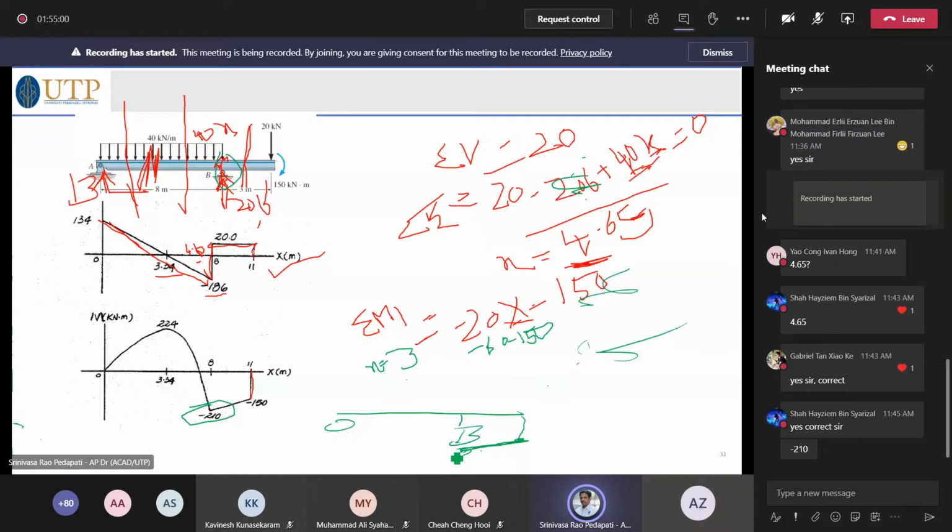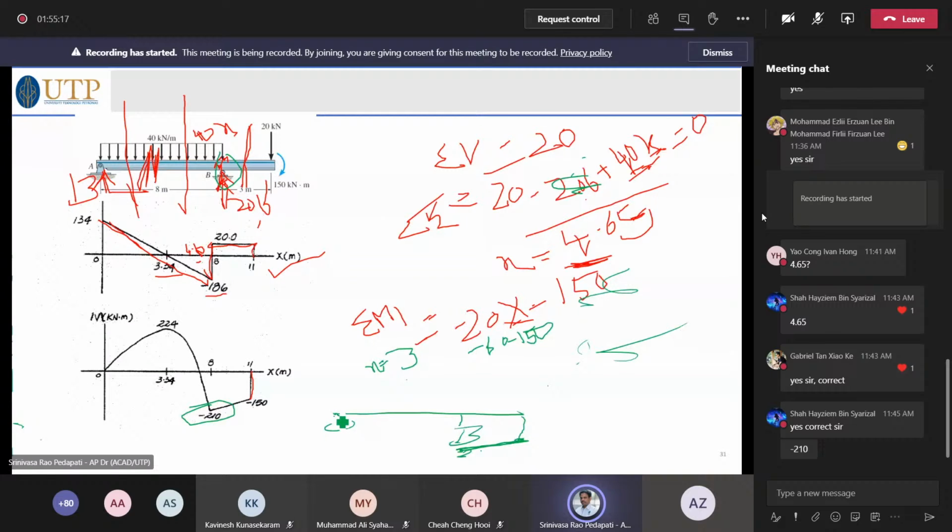Next, from there, how to draw? This side we don't know from the moment equation, so we want to know what it is from here. Therefore, at this point, what is the moment?